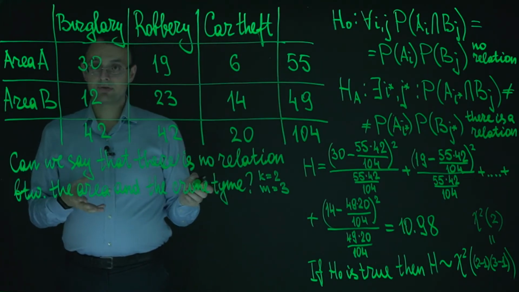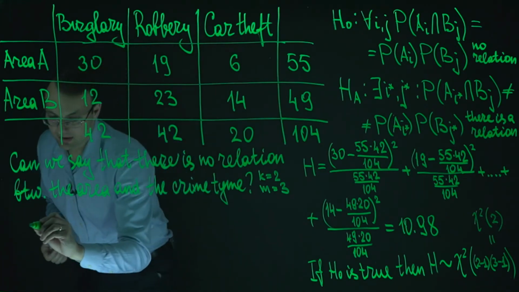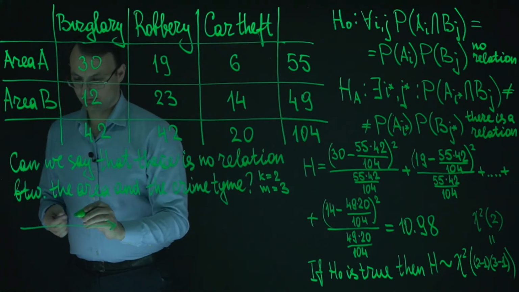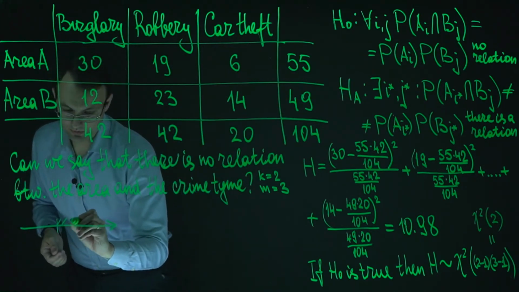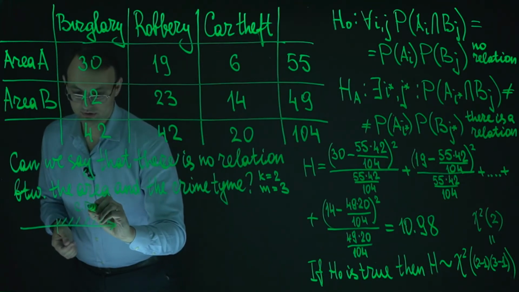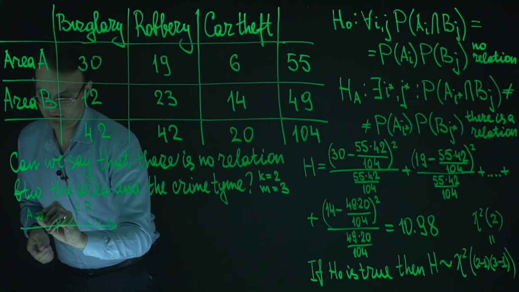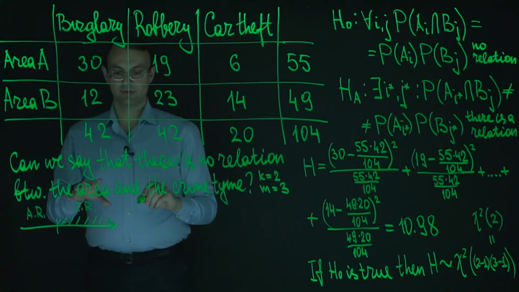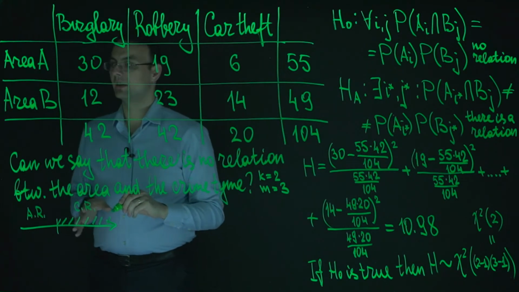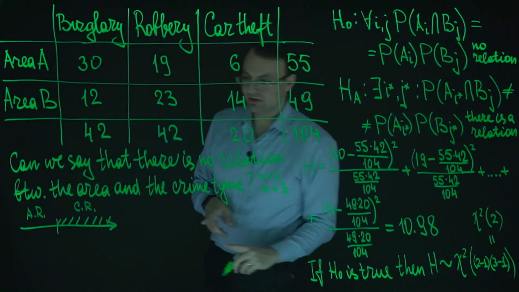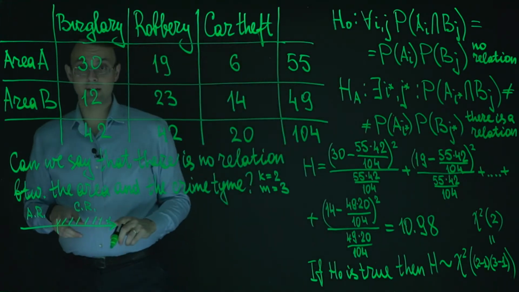In these problems, we always have a right-tailed critical region. This is the critical region, this is the acceptance region. And so the border is the quantile of the chi-square distribution with 2 degrees of freedom of the level 1 minus alpha.